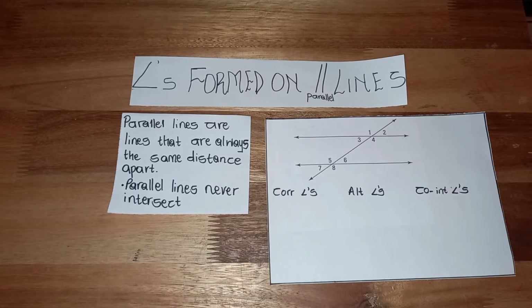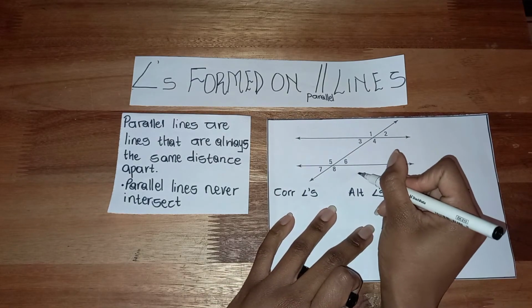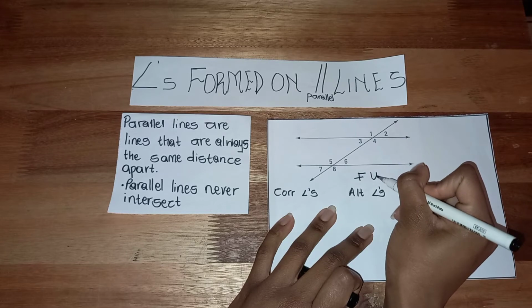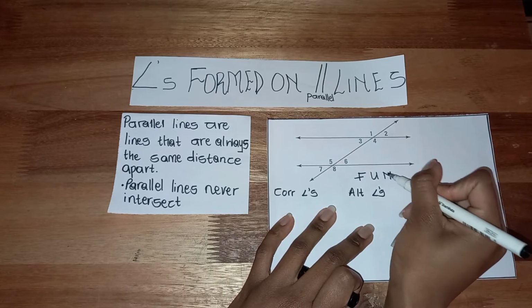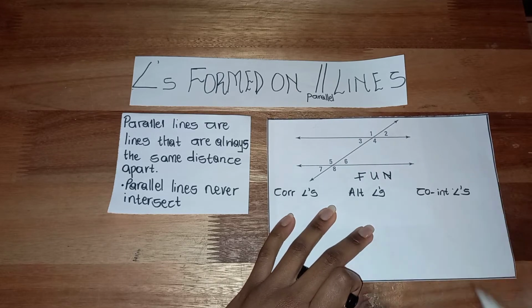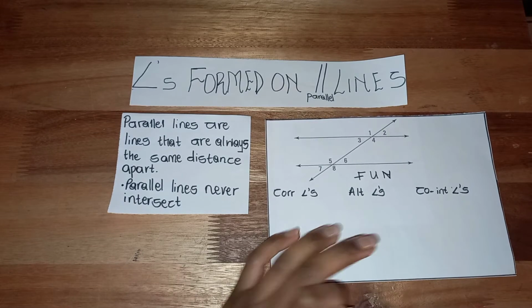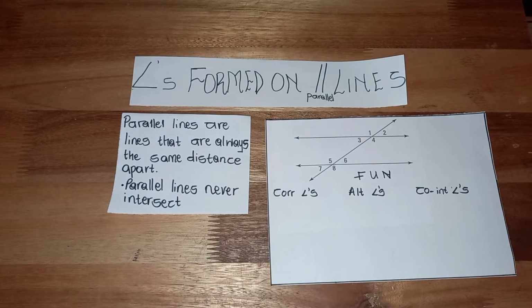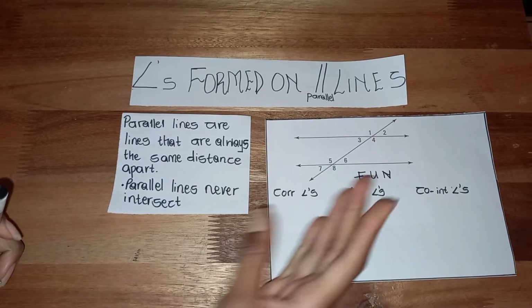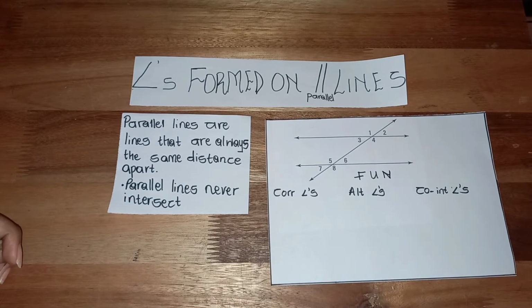So when you think about angles formed on parallel lines, once you have added a transversal line, you have to think about the word fun. In some cases, take the N as Z. So I'm saying you should consider the word fun because it will help you be able to find your angles.